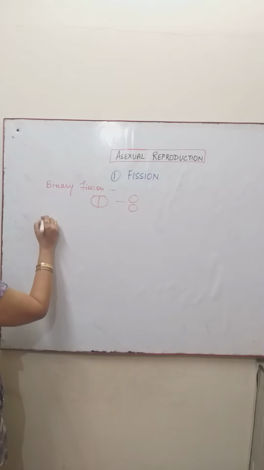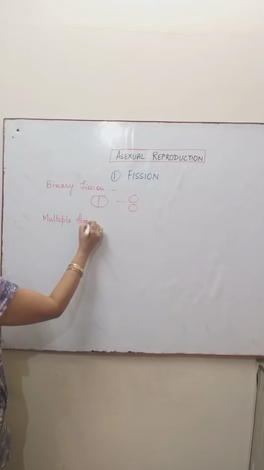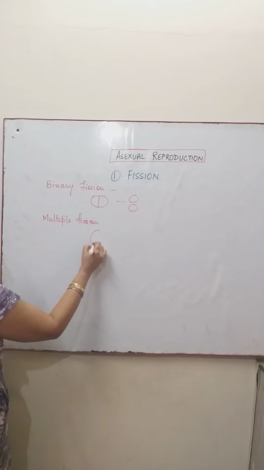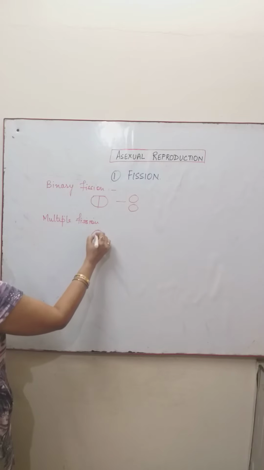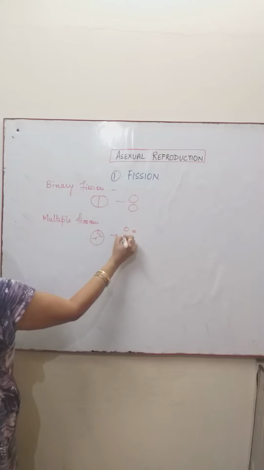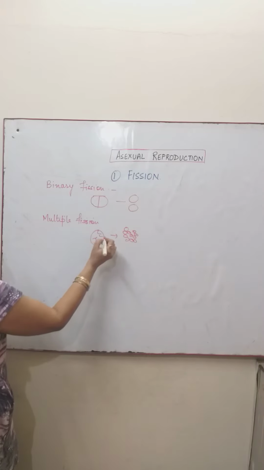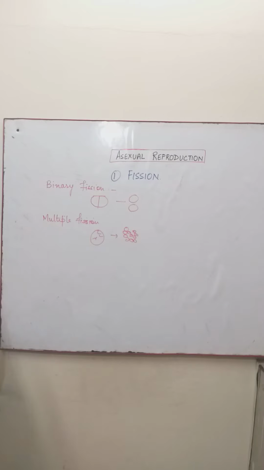The other type is the multiple fission. In multiple fission, an organism multiplies several times and it results in a large number of offspring. So in multiple fission, the division of the mature cell is multiple times.